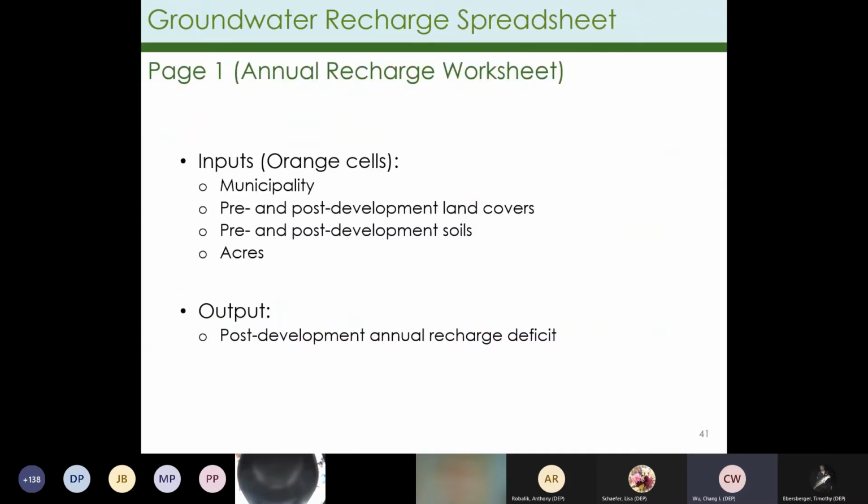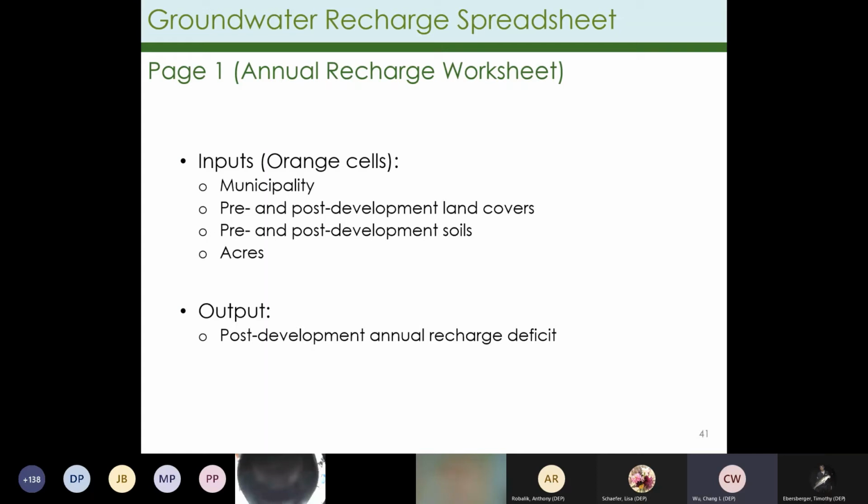So let's look at those inputs. There are inputs for municipality, pre and post land cover, pre and post development soil, and the size of each different land cover. And as stated earlier, the volume of the groundwater recharge is the runoff that infiltrates into the subsoil and passes through the root zone.